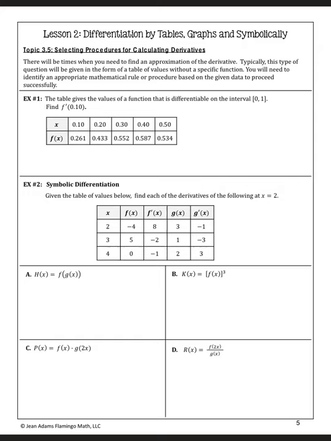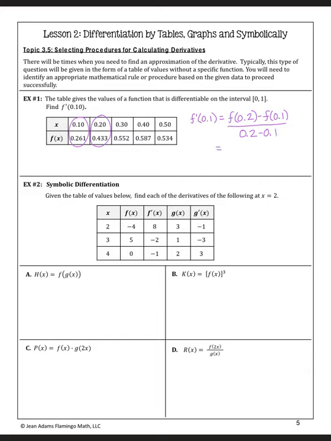So we can say that f prime of 0.1 is equal to, and whenever you take the slope you want 2 points, so I'm going to take these 2 coordinate points right here. So we can have f of 0.2 minus f of 0.1 over 0.2 minus 0.1.